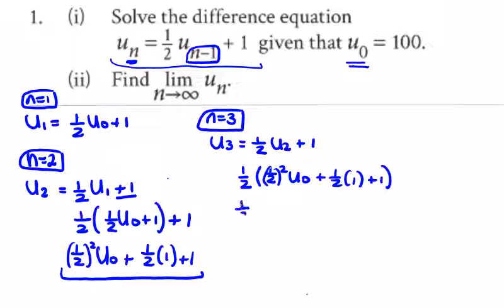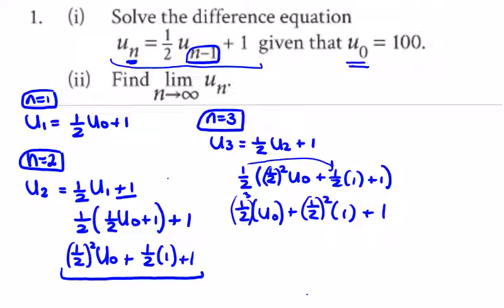So that's going to be a half to the power of 3 times u0 plus this half by this half, a half to the power of 2, looks like n minus 1, times 1 plus 1.